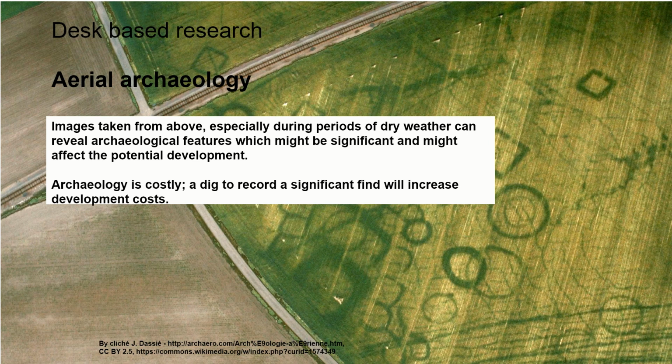And alongside that, we can use aerial photographs to sometimes tell us a little bit about the history of a site. And sometimes, especially in times when it's very dry, so this summer 2018, and previous very dry summers have revealed features in the landscape that show how the land was used previously.